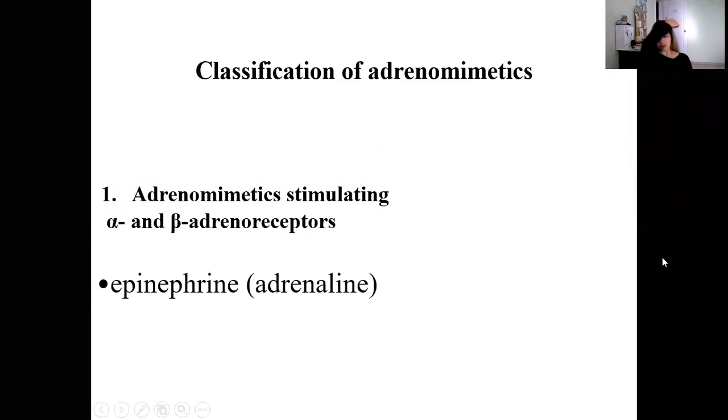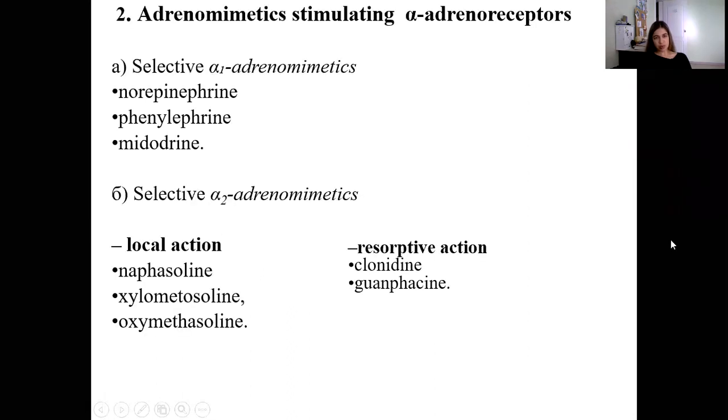So let's now see how these stimulants are classified. Firstly, we already know that epinephrine, which is adrenaline, can stimulate both alpha and beta adrenergic receptors.